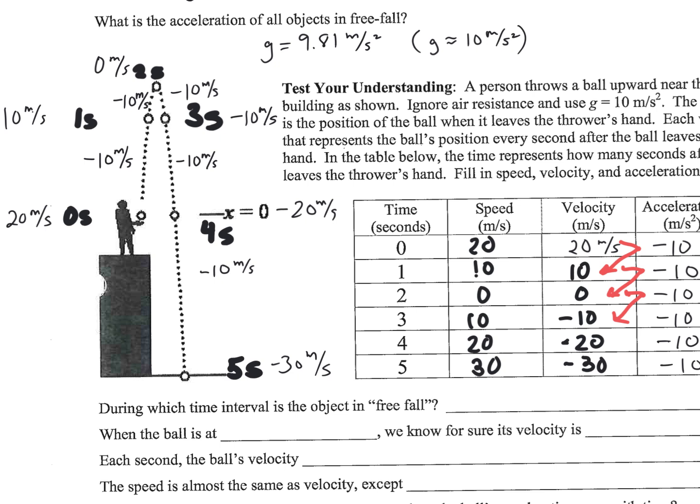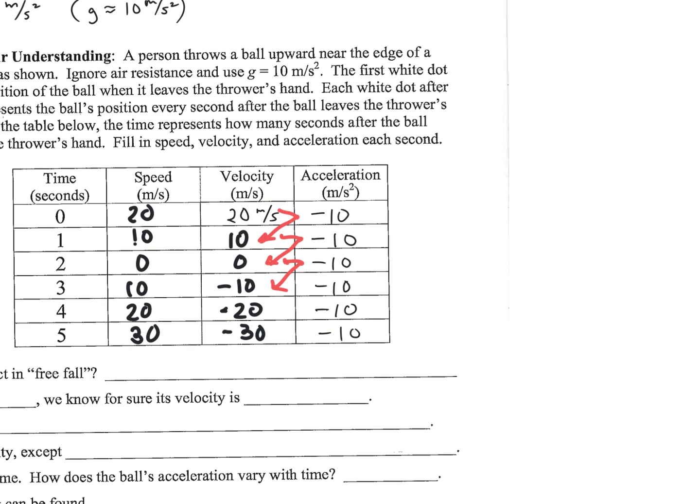Let's look at what the velocity graph looks like for this thing before we fill in the rest of these from our table. The velocity graph here: velocity in meters per second, time in seconds. So my velocity started at what?